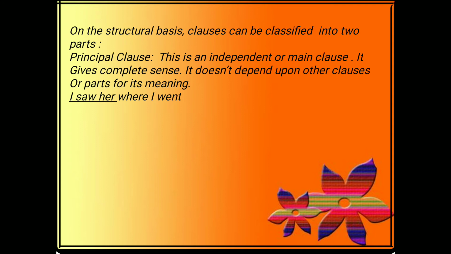First of all, you will find the conjunction. Okay, so the conjunction and what comes after it will be the subordinate clause and the rest of the part will be your principal clause. Means when you find out the principal clause or the subordinate clause, you have to find out the conjunctions first.